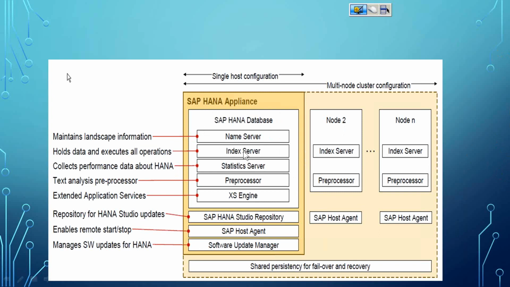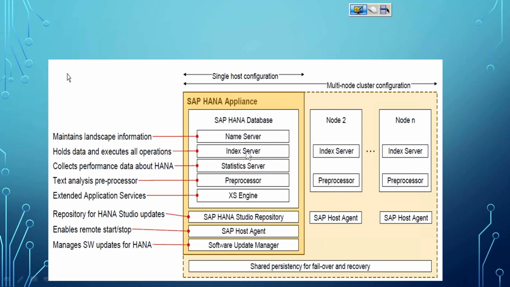So when you want the SAP HANA database to store some data, you have to make sure that your index server is up and running. If the index server is down, then there will be no use of having your pre-processing server or access engine, so you will not be able to fetch the data out. Right? So index server is a core.